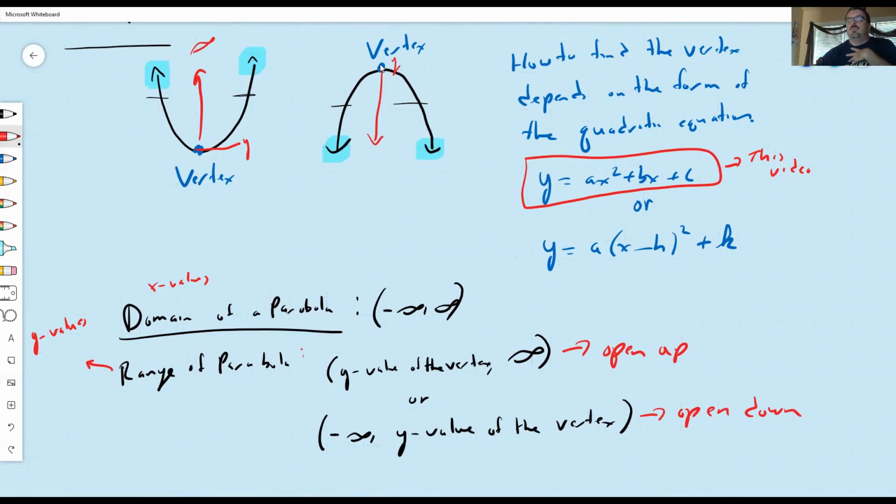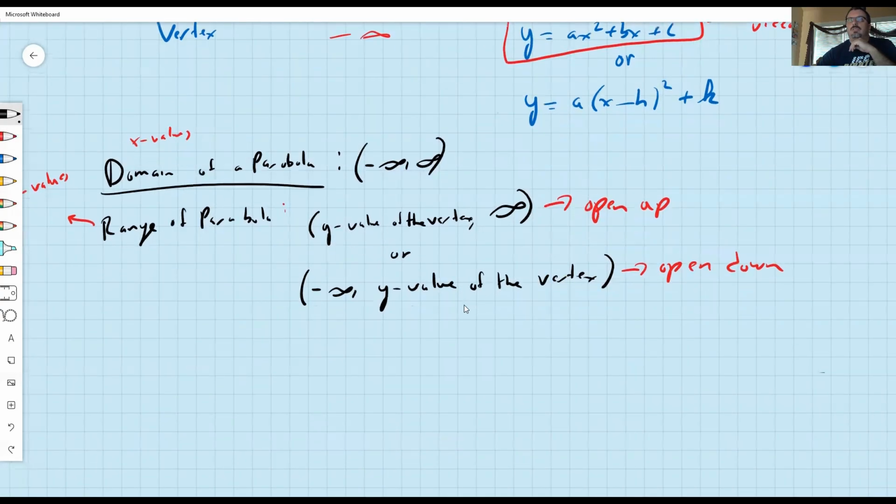If it opens down, you start small, so it's minus infinity, and you come up to y. So it should be like this. Okay, that's the quick review.